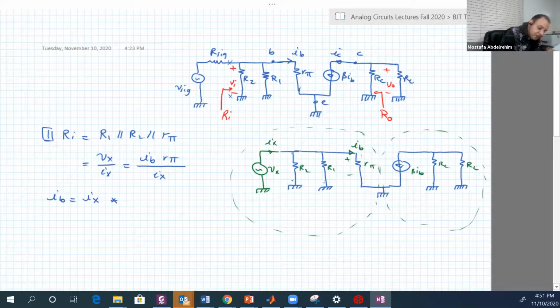So we have here three resistances in parallel. So it is equal to the further resistance. If you just review the circuit theory, this is easy. It should be Ix multiplied by the further resistance, R1 parallel R2 over R-pi plus R1 parallel R2.